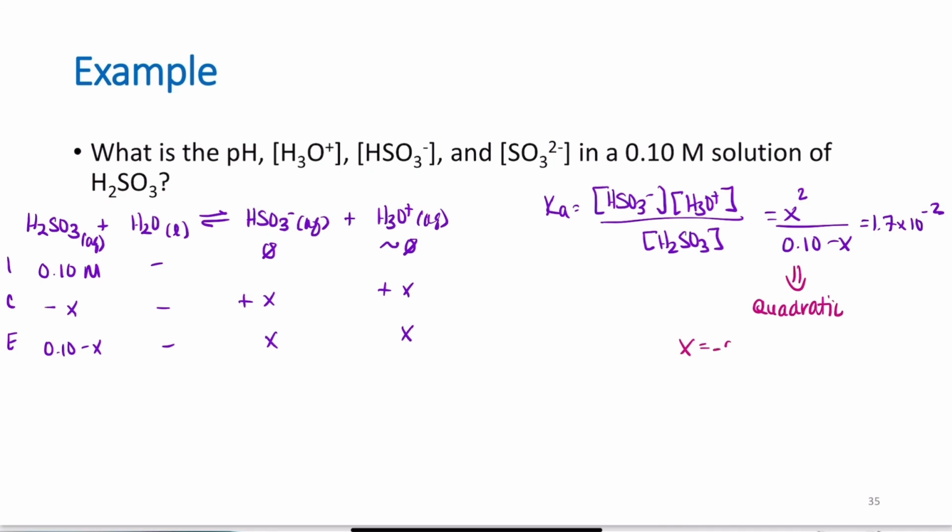X is going to be equal to a negative 0.051, or x is going to be equal to a positive 0.034. We know negatives cannot work. It's giving us a negative just by the nature of the equation, but we know that x is equal to 0.034. Note, that means I solved one of these, 0.034 molar, because x represented the concentration of HSO3 minus.